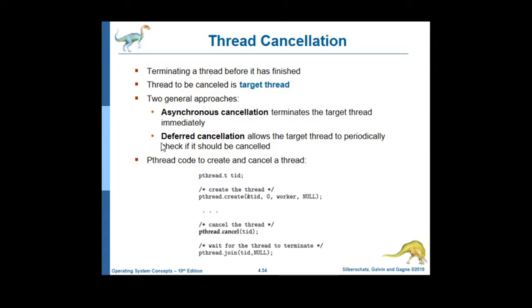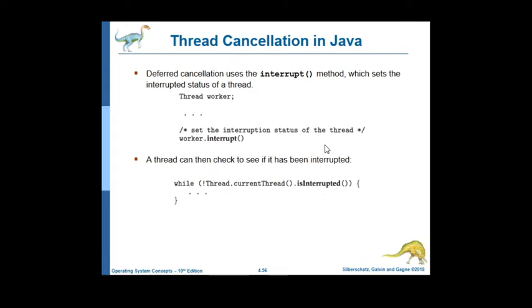The second approach, deferred cancellation, informs a thread that it should terminate, but allows the thread to terminate in an orderly fashion. In most circumstances, deferred cancellation is preferred to asynchronous termination. Thread cancellation in Java uses the deferred cancellation policy.